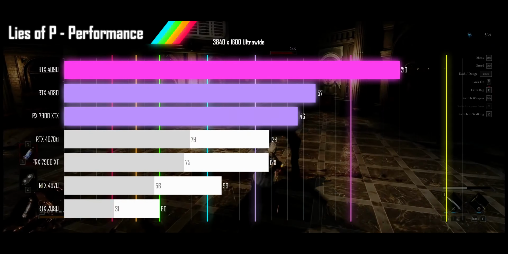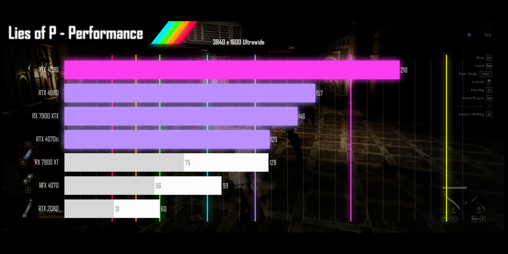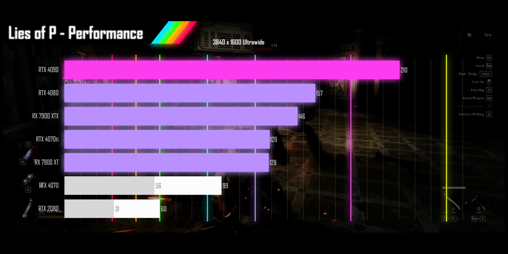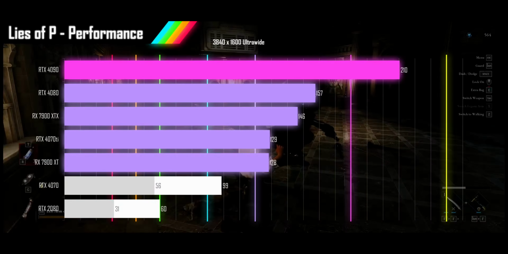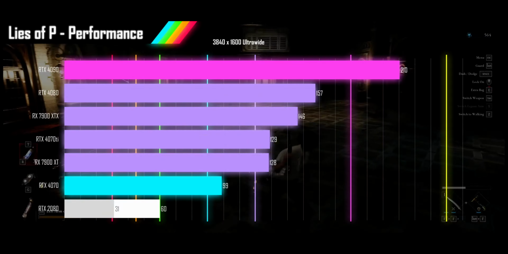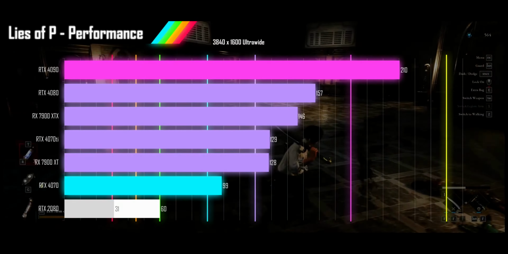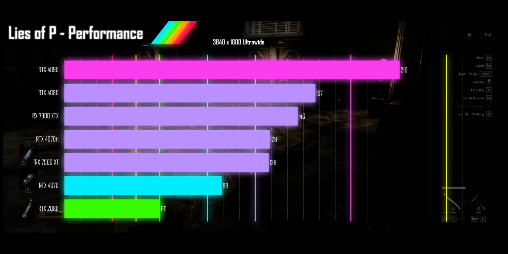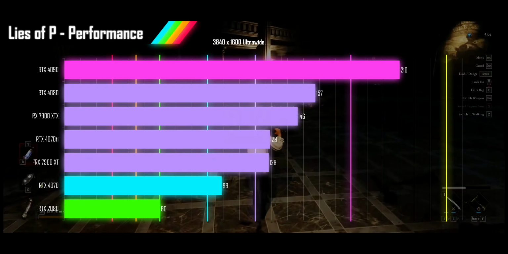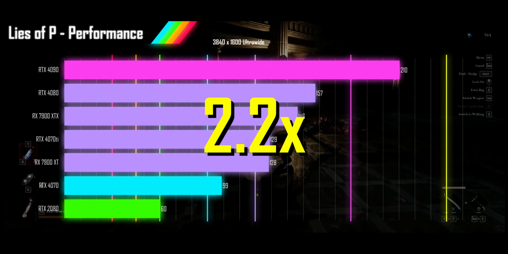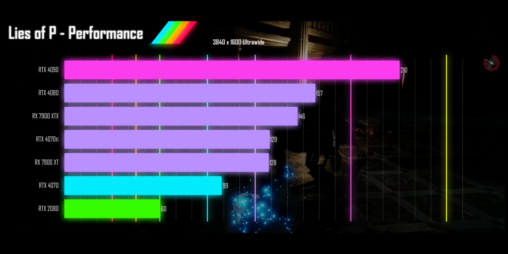The XTX is 14% faster than both the RTX 4070 Ti and the 7900 XT, which despite swapping spots are still effectively tied at 129 FPS. These two are 30% faster than the RTX 4070, which is at 99 FPS. Bringing up the rear is the RTX 2080, hanging on to 60 FPS. You're looking at a 2.6 times increase at the same tier, or a 2.2 times increase at the same price if you're looking to upgrade.